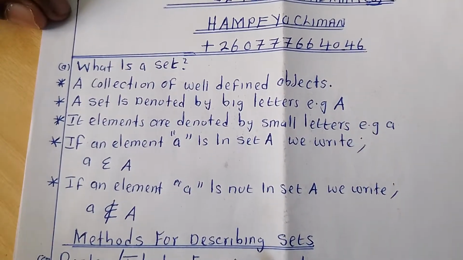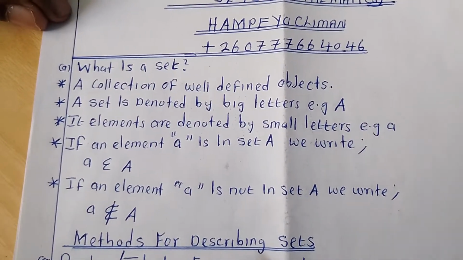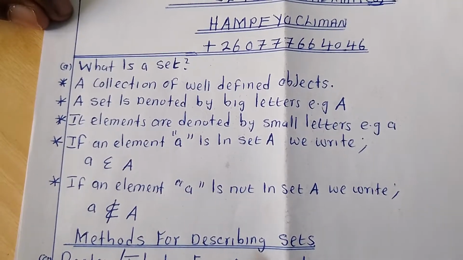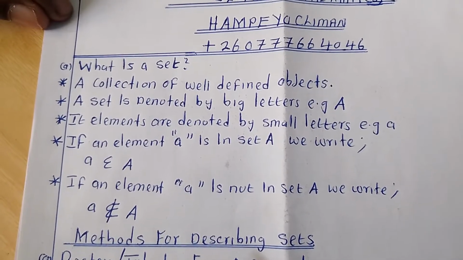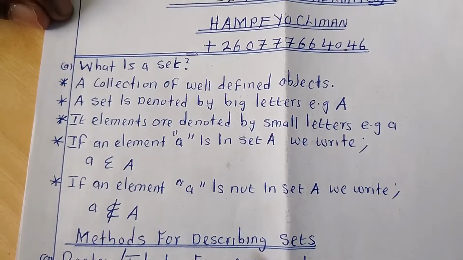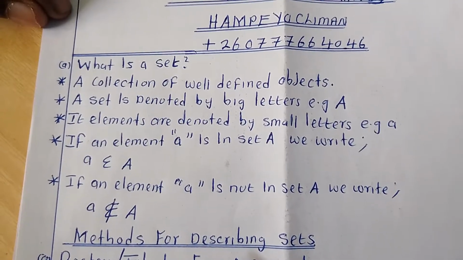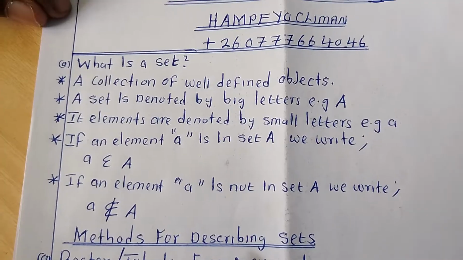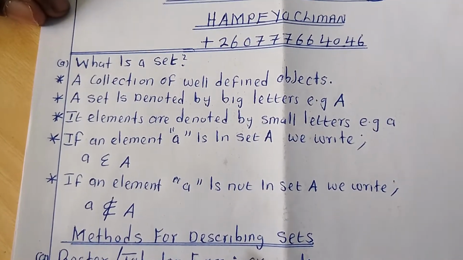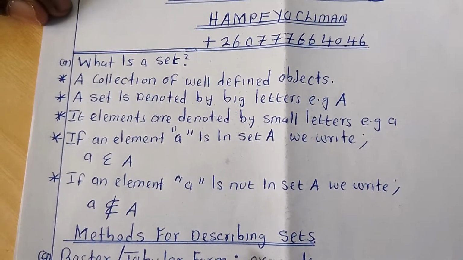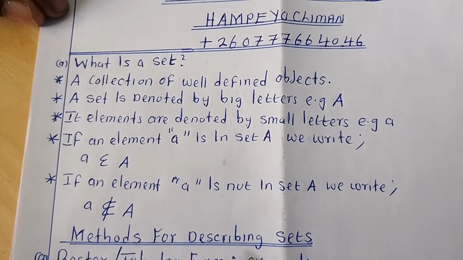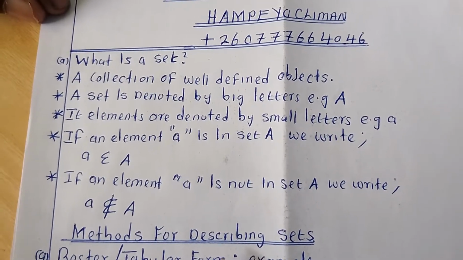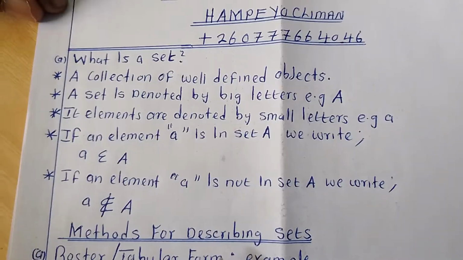Now, its elements are denoted by small letters. So if you have a set, for instance, set A, that set A may contain something in there. If set A is containing letters, then those letters must be written in small letters.